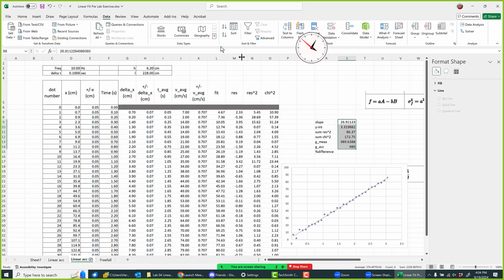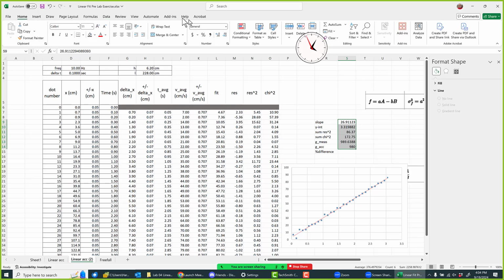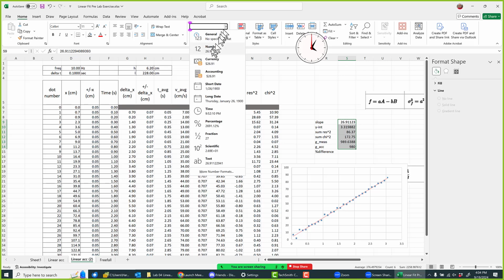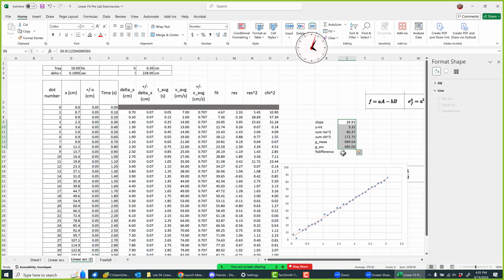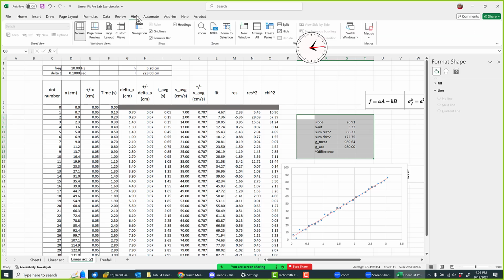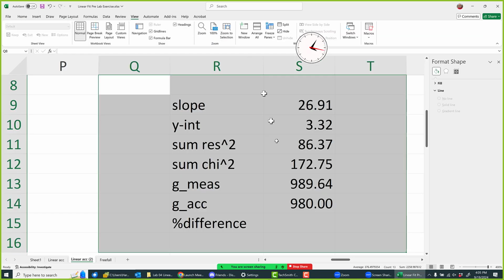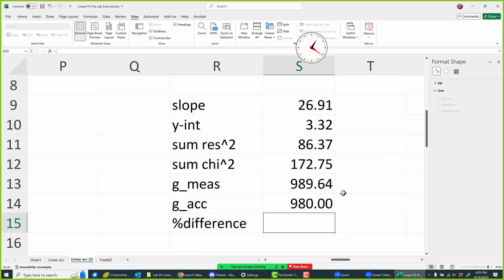And let's format this. I should have formatted the last one too. Okay, so what percent difference? Oh, I'll zoom in on it. So it equals absolute value of the two values, so the measured value minus the accepted value, close the parentheses, and, oh, wait a minute, I see.